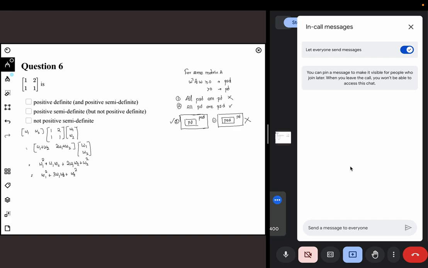So what can I say about this? Is it greater than 0, greater than or equal to 0, or strictly greater than 0? Maybe it will be clearer if I put it in a slightly different way. Let's assume one of them, W1, is not equal to 0. If both of them are 0, then it's definitely equal to 0. But we are talking about the general case: this condition has to be satisfied for all W, not just one particular value of W. Without any loss of generality, let's take W1 not equal to 0.